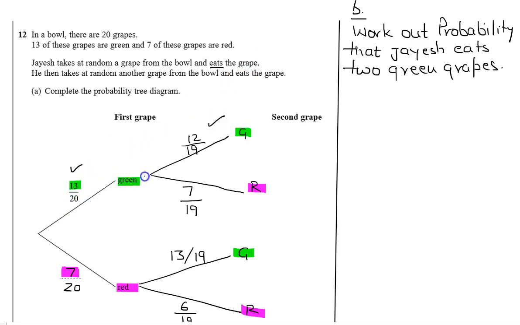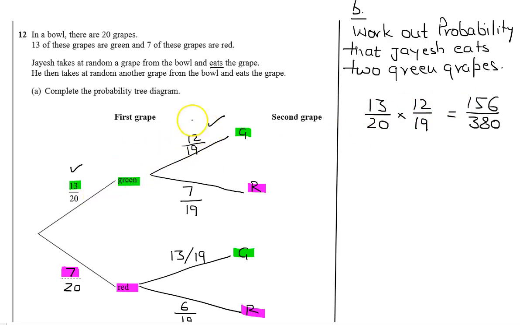So the probability of eating the first green grape is 13 over 20, and continuously the second green is 12 over 19. So that will be 156 over 380. You can write it like this, or you can simplify it.